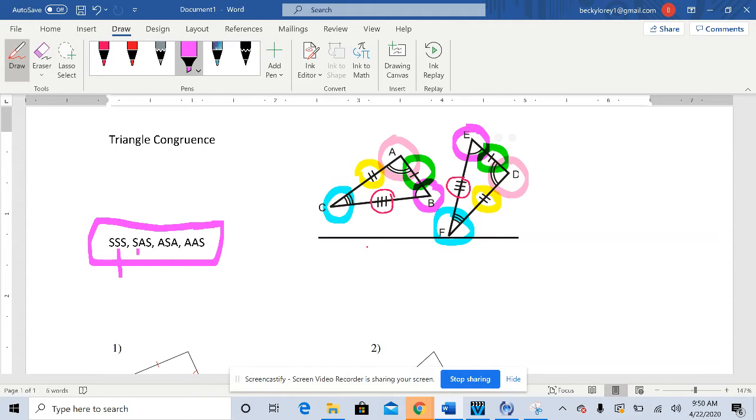If we can show that a side, angle, and side are congruent, then the two triangles are congruent. If we can show that an angle, a side, and an angle are congruent, then the two triangles are congruent. And if we can show an angle, angle, and a side are congruent, then the two triangles are congruent.